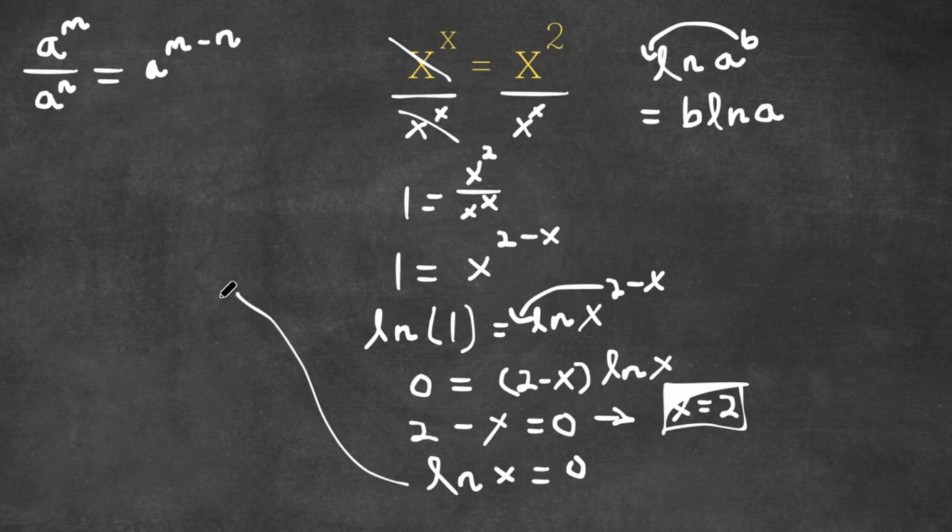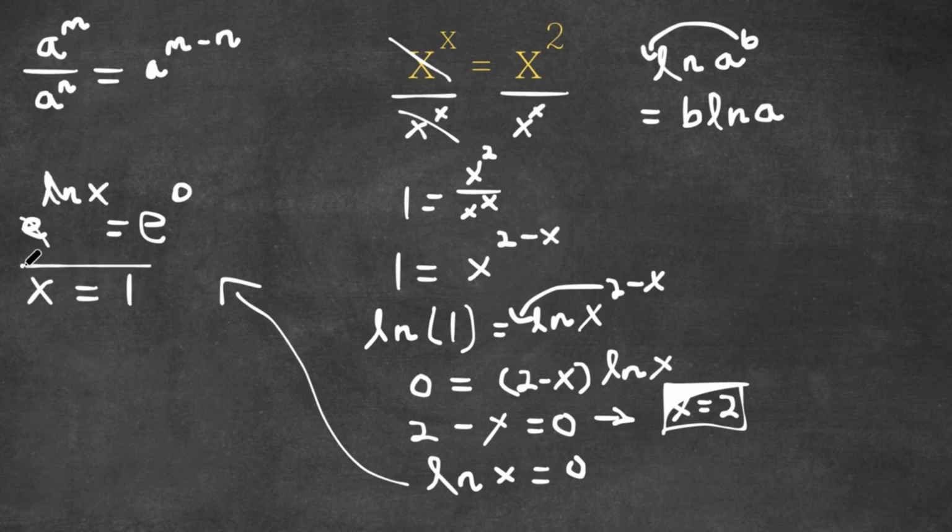So if I bring it over here, we have e to the power of ln x is equal to e to the power of 0. Now for e to the power of ln x, these two cancel out, so I simply have x is equal to e to the power of 0, which is 1. So this is our second solution. So our two solutions are x equals 1 and x equals 2.